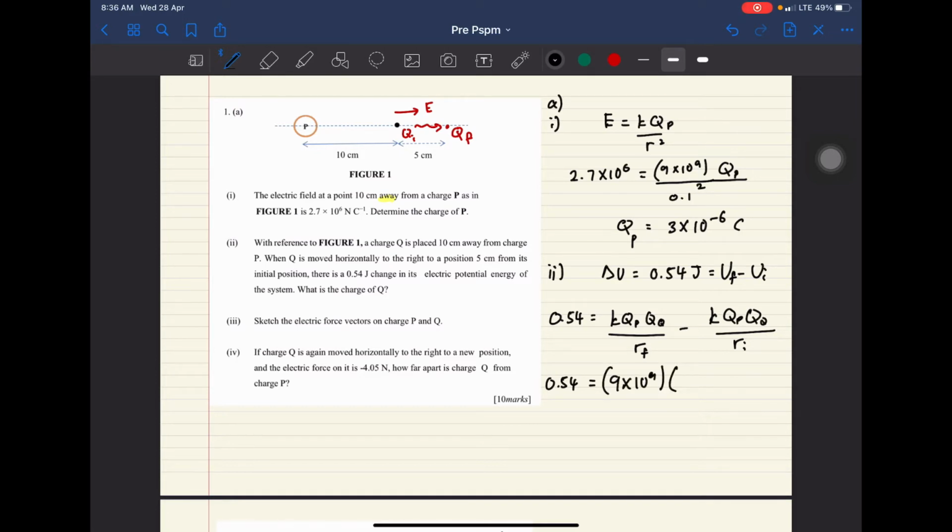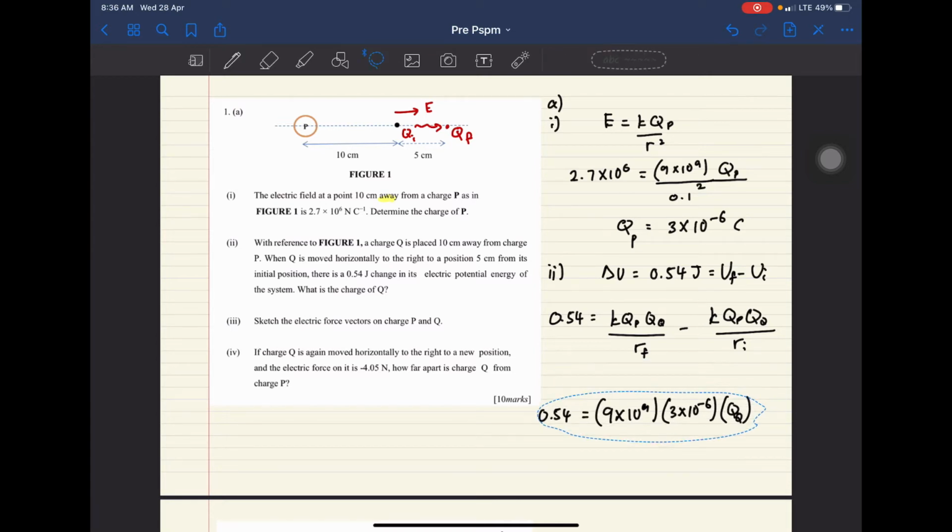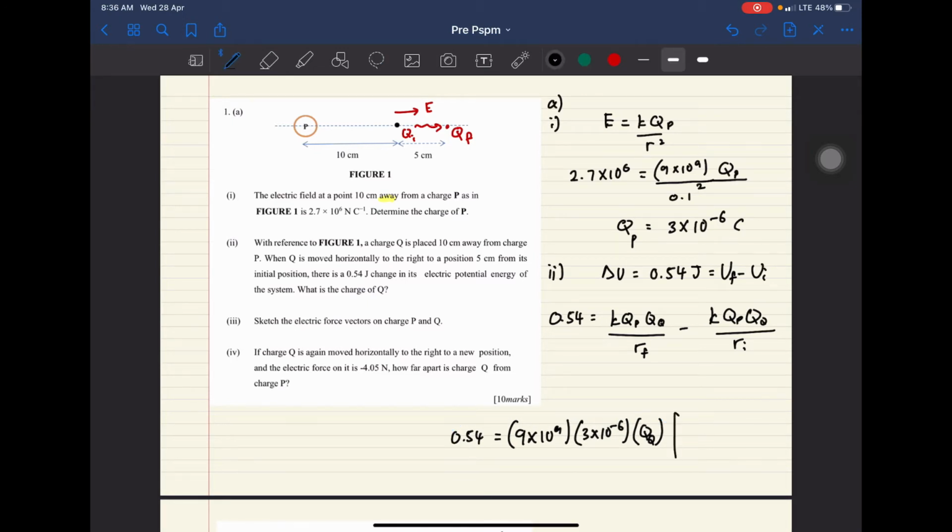Not sure if I can fit everything here. Have to bring this one a little bit lower because I couldn't fit. Then it will be 1 over 0.15, the final one, because basically this one becomes 15 centimeter. The initial one would be 0.1. Okay, I just have to calculate.